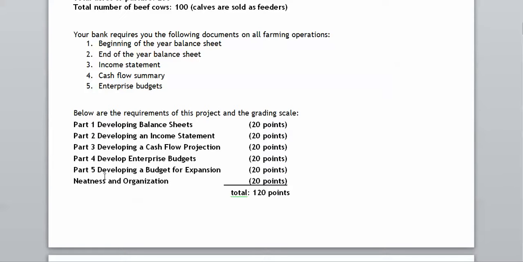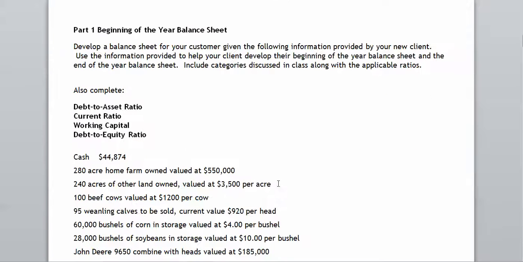We also are going to develop a budget for expansion. As always, neatness and organization are put at a premium. 20 points for that.